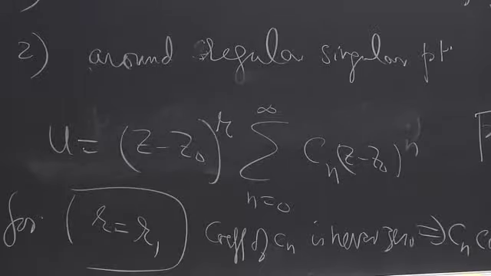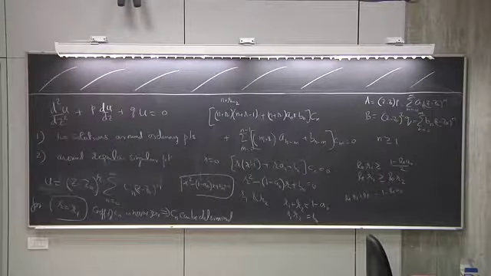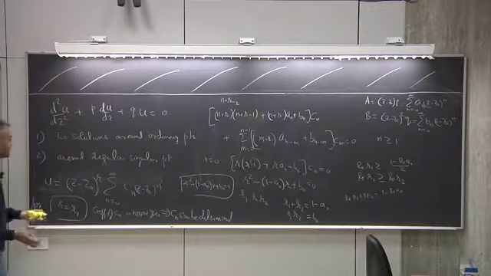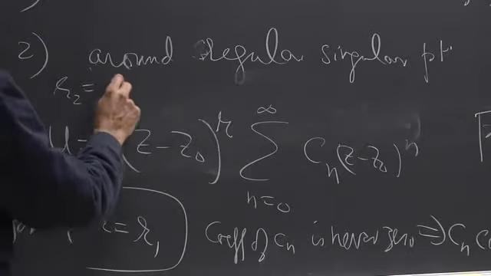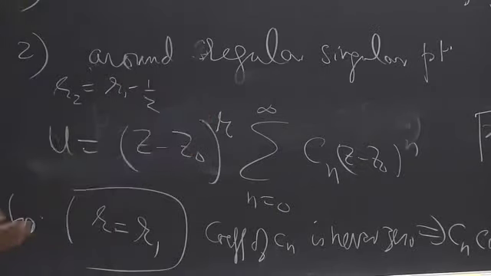But can we include, say, half? No. Well, suppose for example r2 was equal to r1 minus half, just as an example.